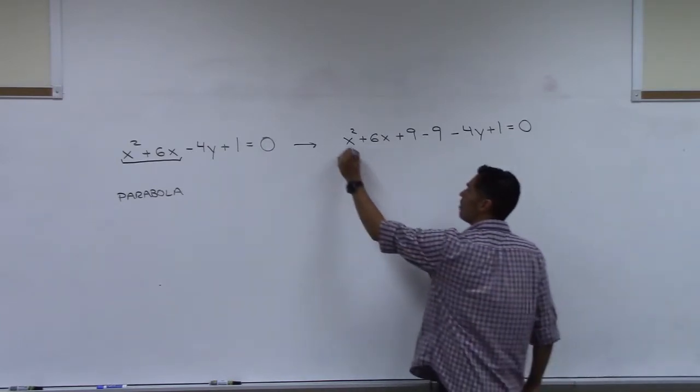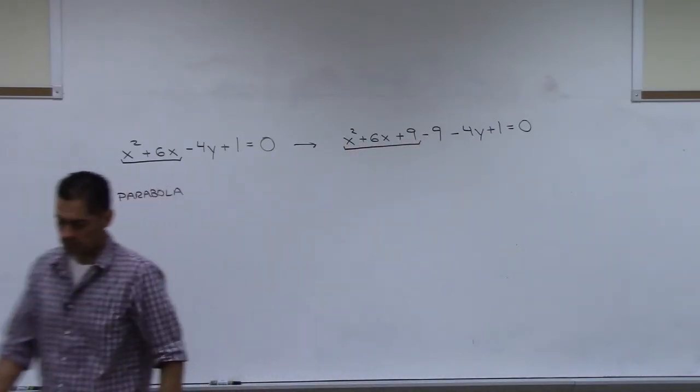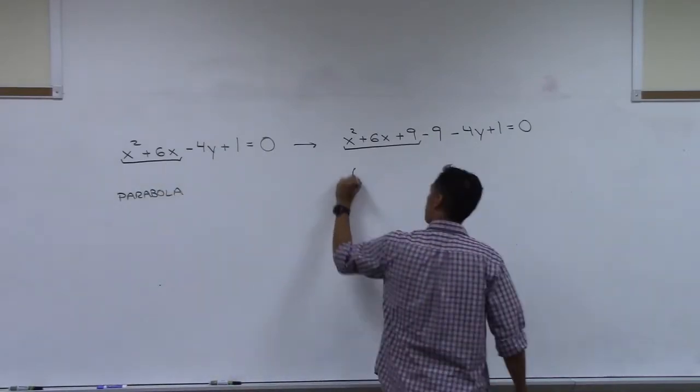Now the first 3 terms are guaranteed to factor. What will they factor to be? X plus 3 squared.